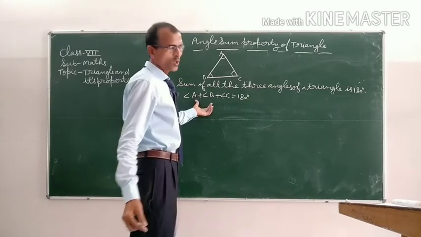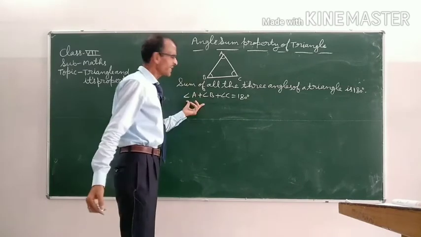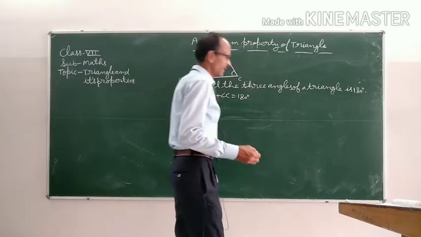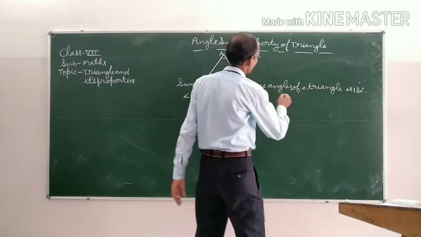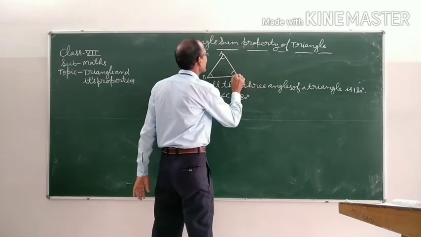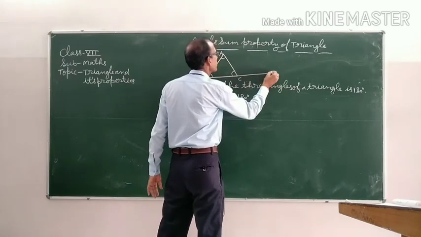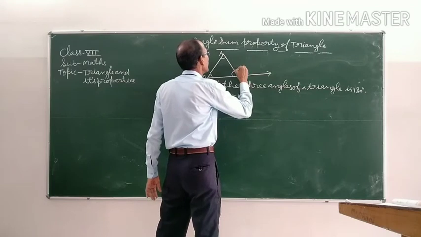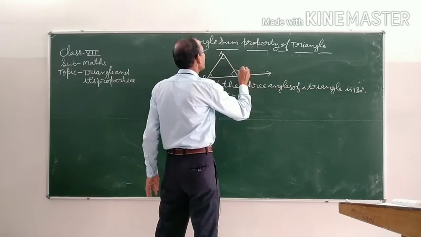We can also prove this property. Let us see. Suppose this side of the triangle is produced and this is the exterior angle of the triangle.